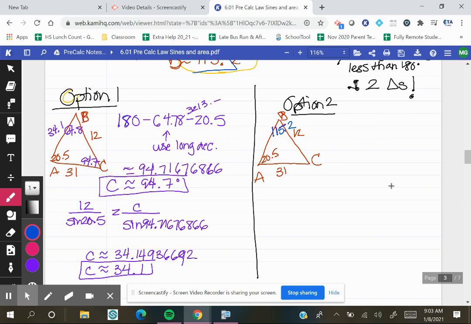So find angle C and side C for option 2 using angle B as 115.216768. Okay, go ahead, pause the video and do that right now.